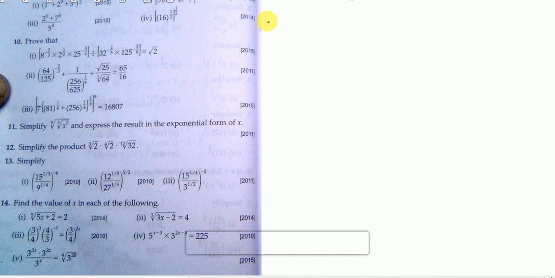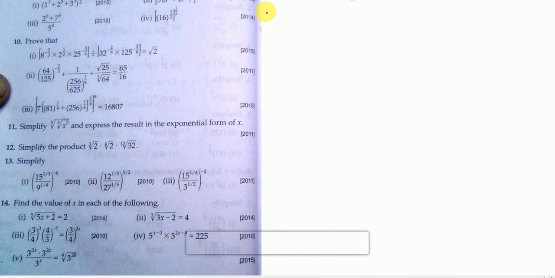10th question. Prove that 8 raised to the power -2/3 into 2 raised to the power 1/2 into 25 raised to the power -5/4 divided by 32 whole raised to the power -2/5 into 1 by 125 power -5/6 equals under root 2.